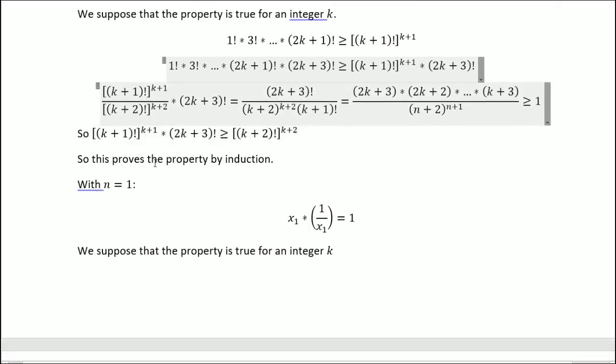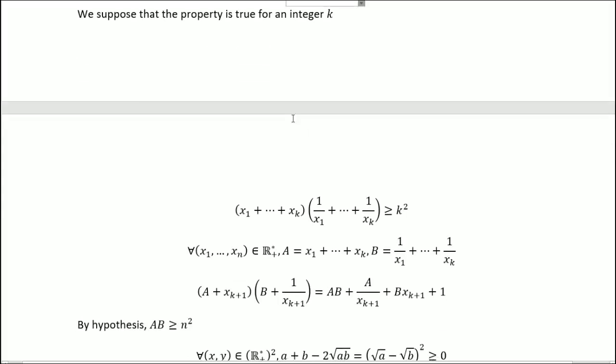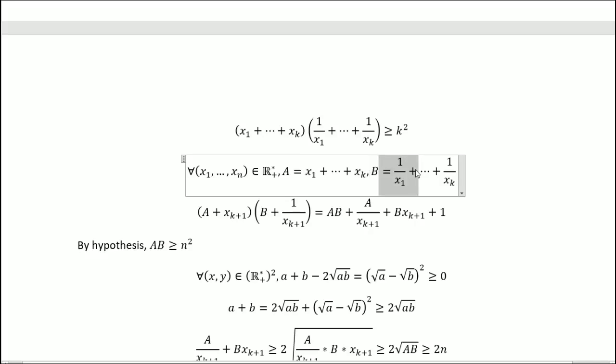So the next property: if n equals 1, x1 times 1 over x1 is equal to 1, so that works. We suppose that the property is true for an integer k, so we get this. Okay, so now I call a the sum of the xk, and b the sum of the 1 over xk.